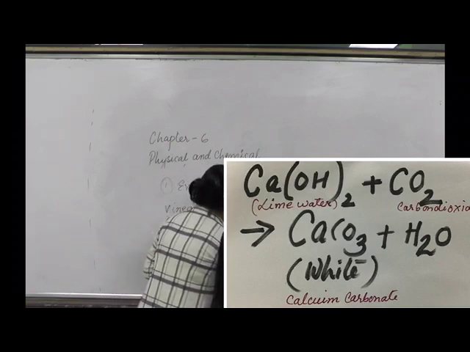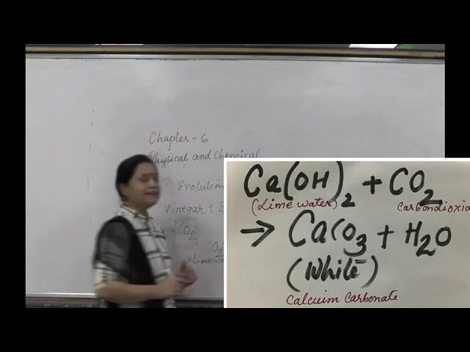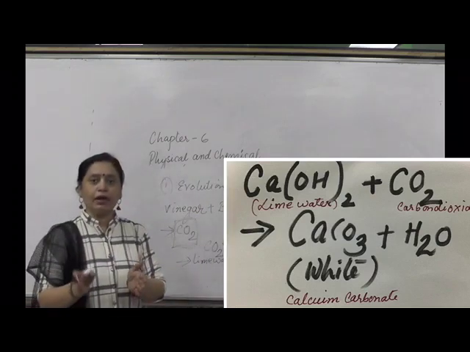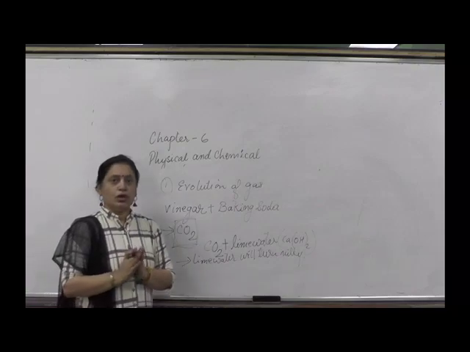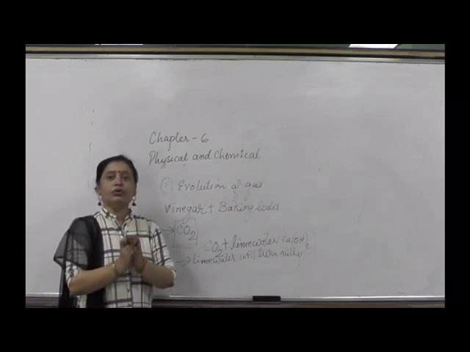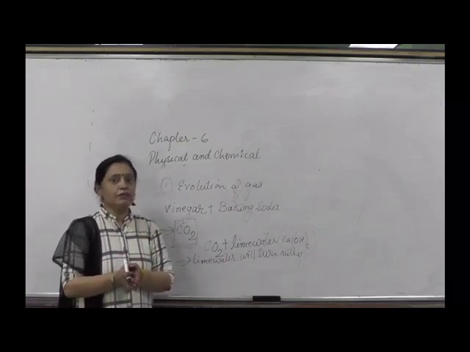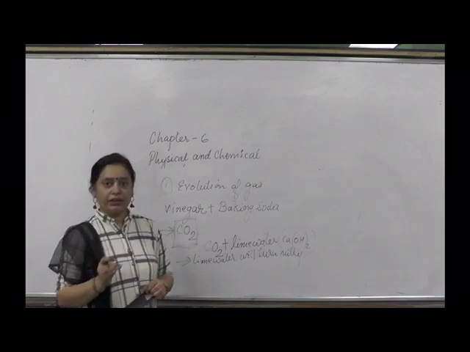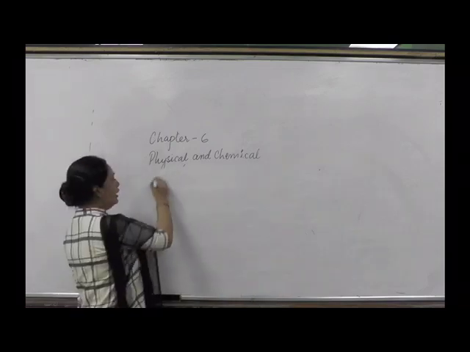Which says that the gas produced during this reaction is carbon dioxide. And also we understood that a new substance is formed. So it is basically a chemical reaction or chemical change.